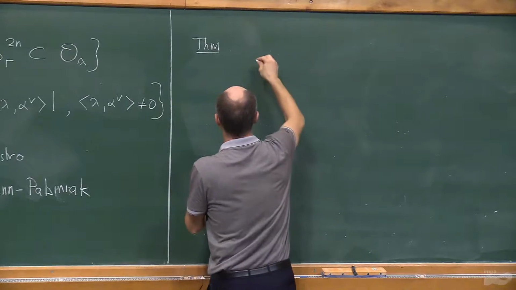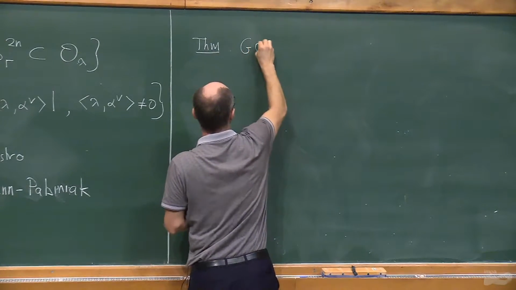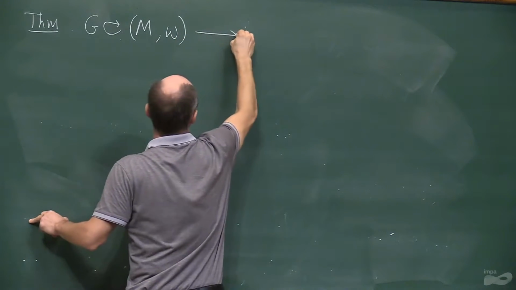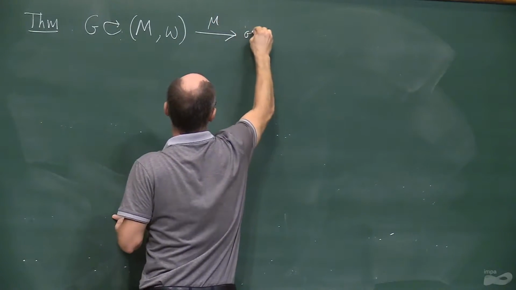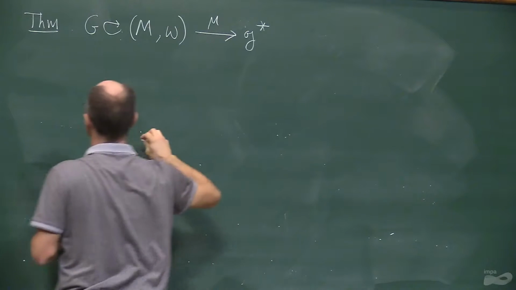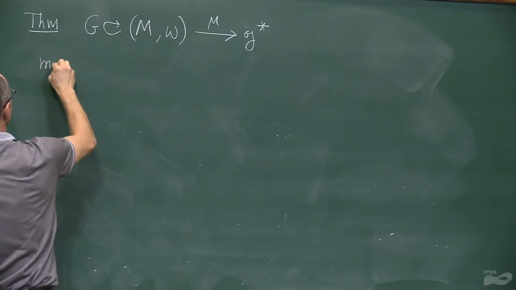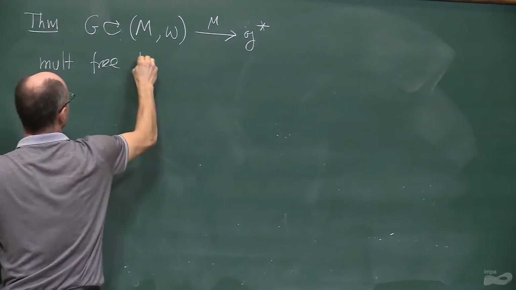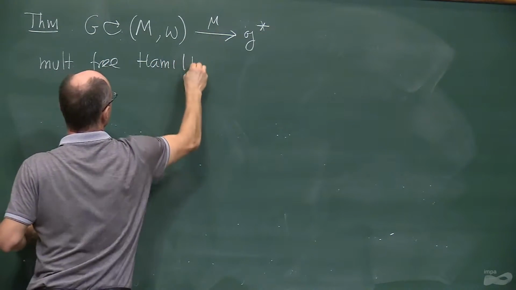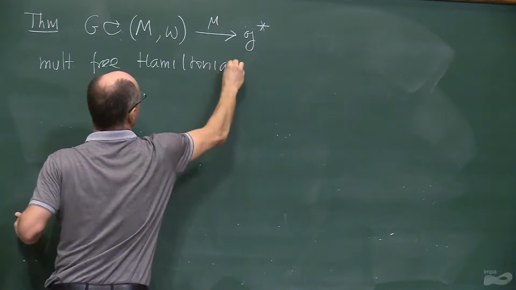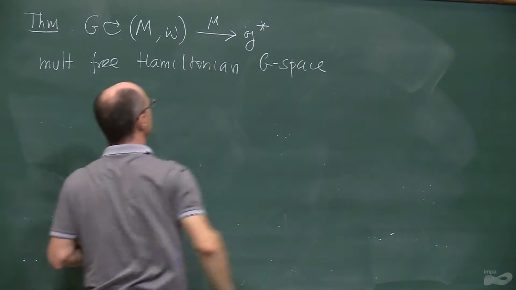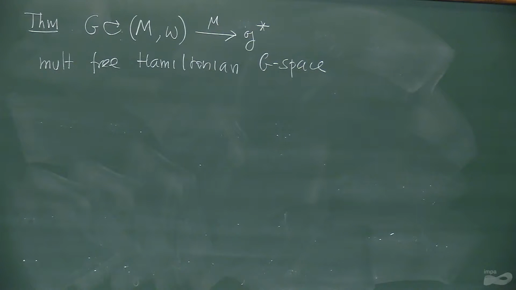So let's suppose that we have a Hamiltonian G-space, which is multiplicity free. So in particular, all reduced spaces are points.